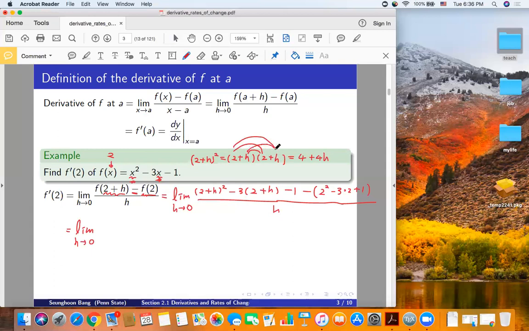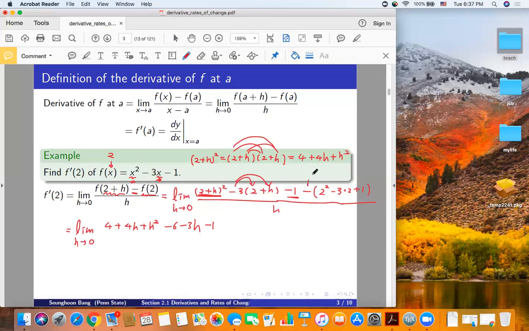Last one, h times h is h squared. So the first part is 4 plus 4h plus h squared. The next is to distribute negative 3. Negative 3 times 2 is negative 6. Negative 3 times h is negative 3h. Keep the minus 1.